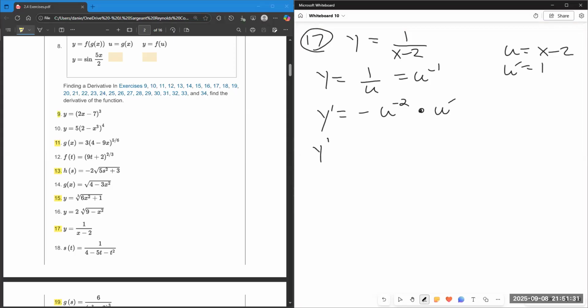So y prime is negative u prime over u squared, which is negative 1 over the quantity x minus 2 squared.